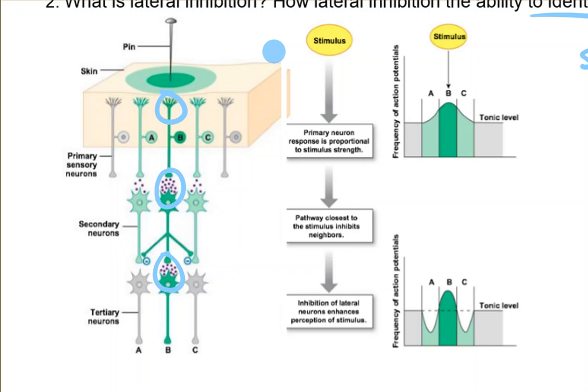However, we need our brain to know that this pin is touching exactly this point and not this point or this point over here. And the way we do that is with lateral inhibition. The fact that this axon will actually extend out to the peripheral neurons and inhibit them means that these neurons upstream, right closer to the CNS or in the CNS, will not fire at all.